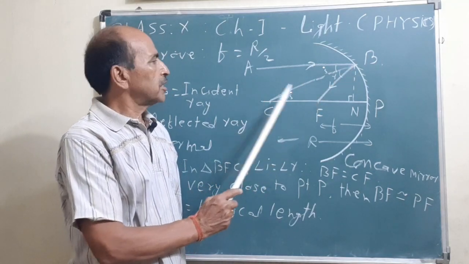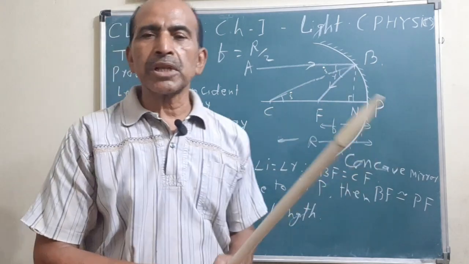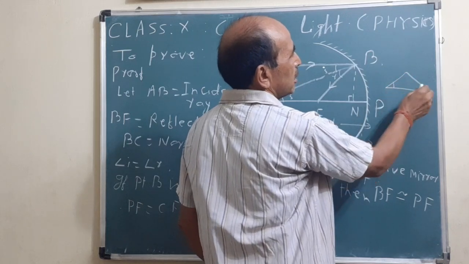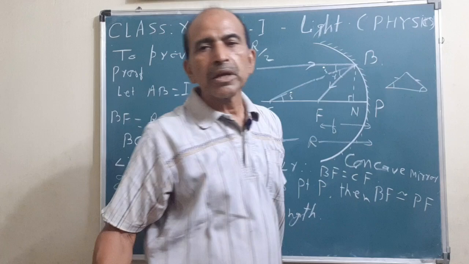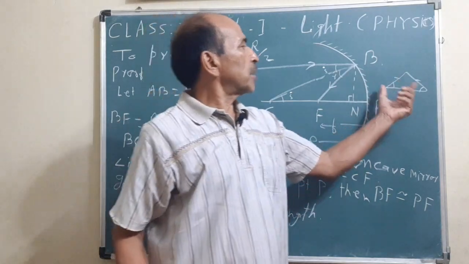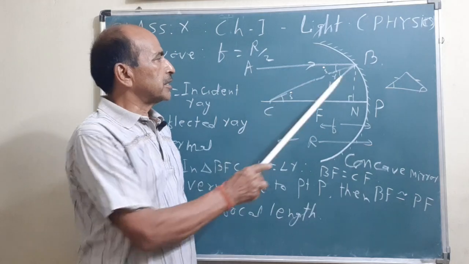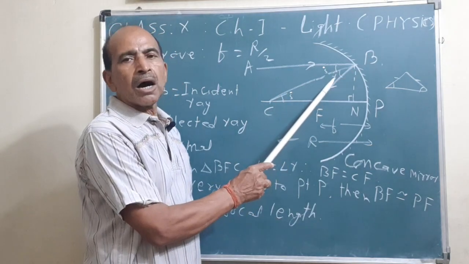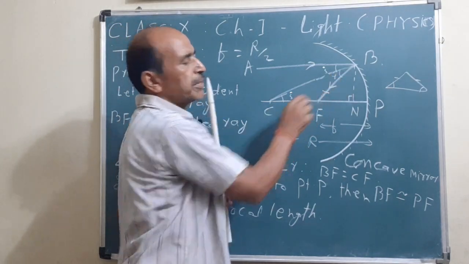In this triangle, this I is equal to R. And you have read that in an isosceles triangle, if this angle is equal to this angle, the base angles, then both sides should be equal. Sides opposite to equal angles are equal. So in triangle B, F, C, angle I is equal to R, so CF is equal to BF.